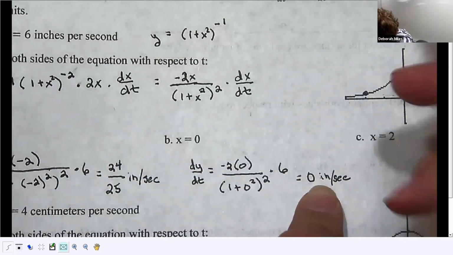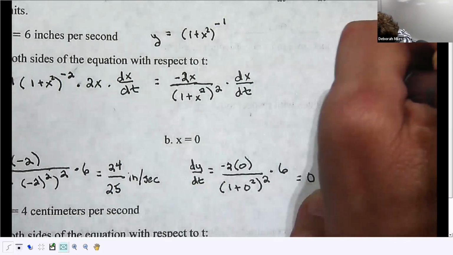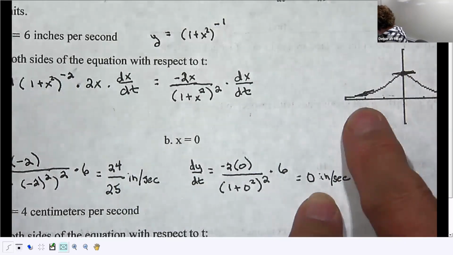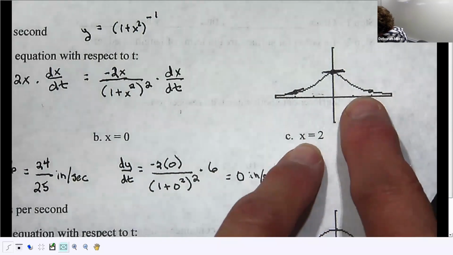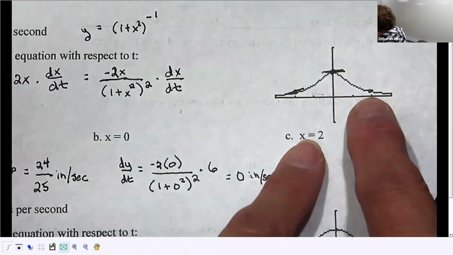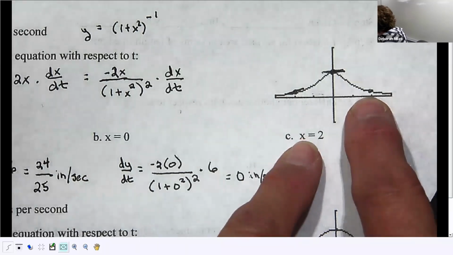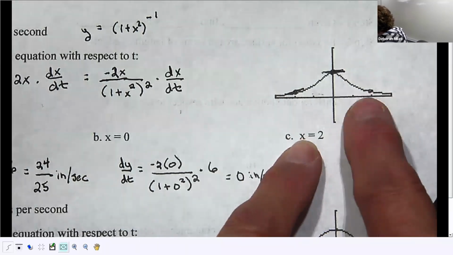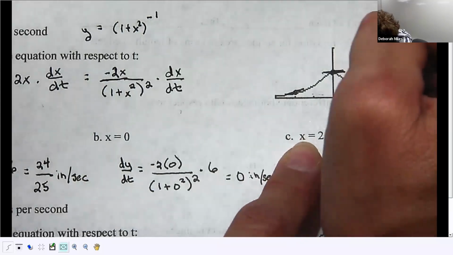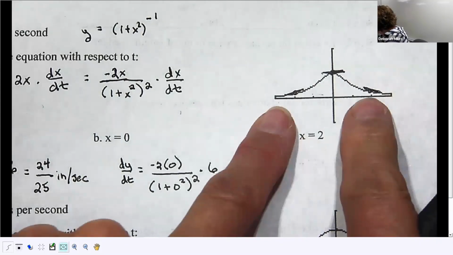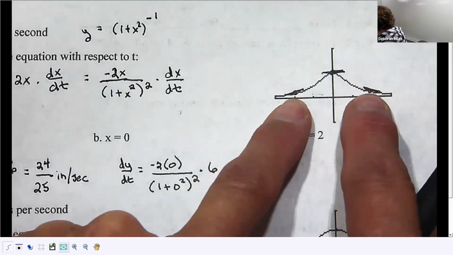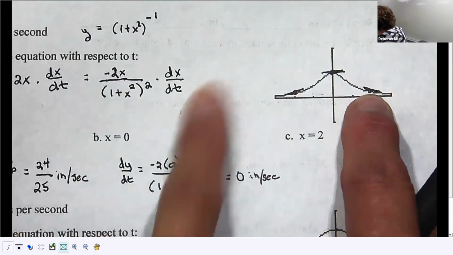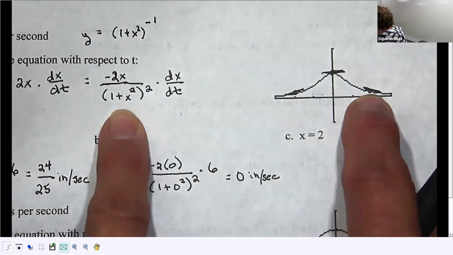At -2, the slope of the tangent line was 24/25. Do you expect to get a positive answer or a negative answer when x equals +2? Because at the point where x equals +2, the marble is going to be going downhill. Can you tell me what you expect that slope to be without having to plug numbers into this formula?